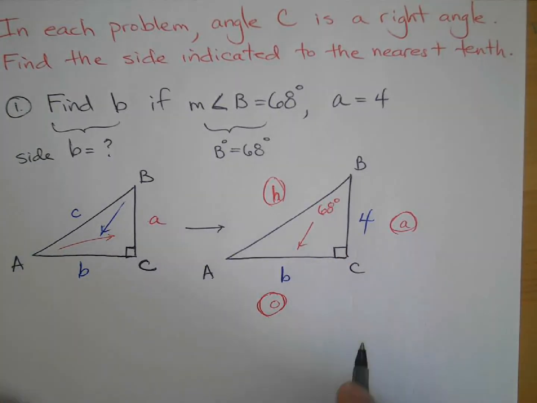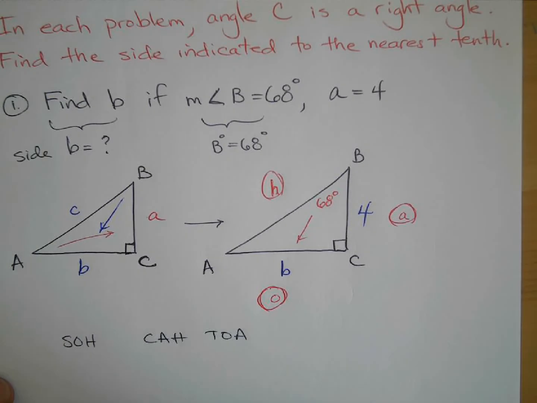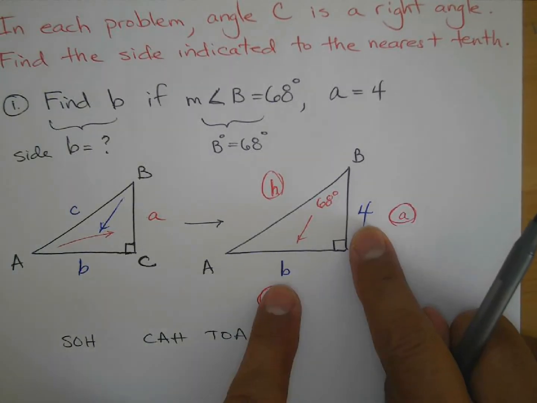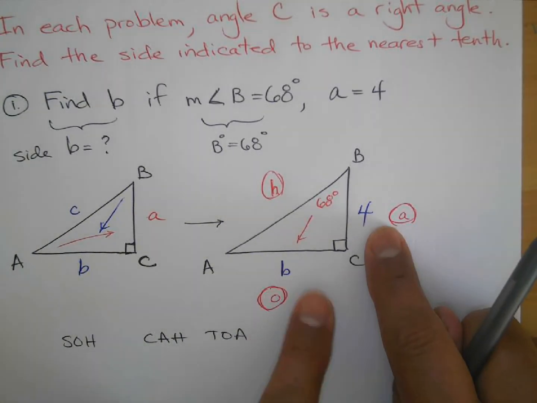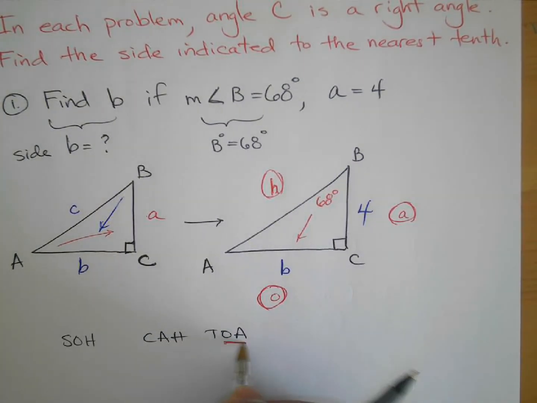And here's where you look at which function you're going to use: SOH, CAH, or TOA? Which side to use? It's the one you're trying to find and the side that you know. So the O and the A.